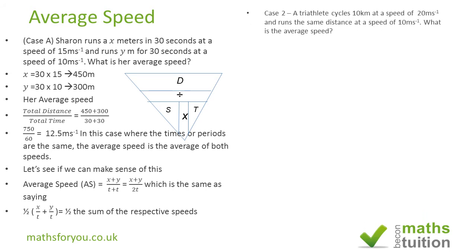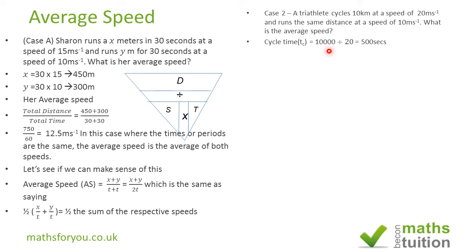Right. Now, case 2. Distance is the same, 10 kilometers, but the speeds are different. We want to find her average speed, because the first 10 kilometers she did at 20 meters per second, and the next 10 kilometers at 10 meters per second. The cycle time, which I call TC, is 10,000 divided by 20. I use 10,000 because I have to change 10 kilometers to meters to make sure I've got the same unit.